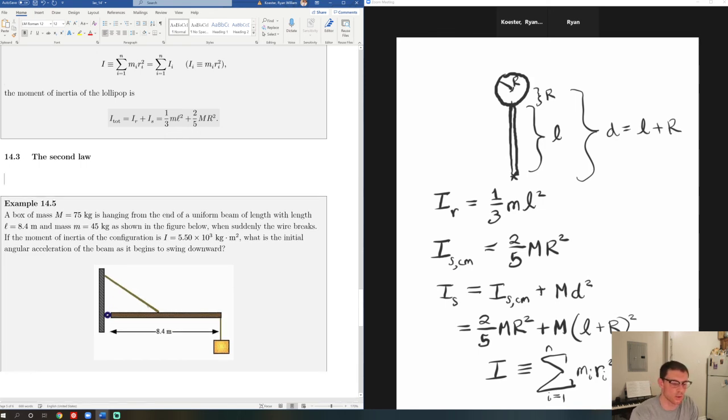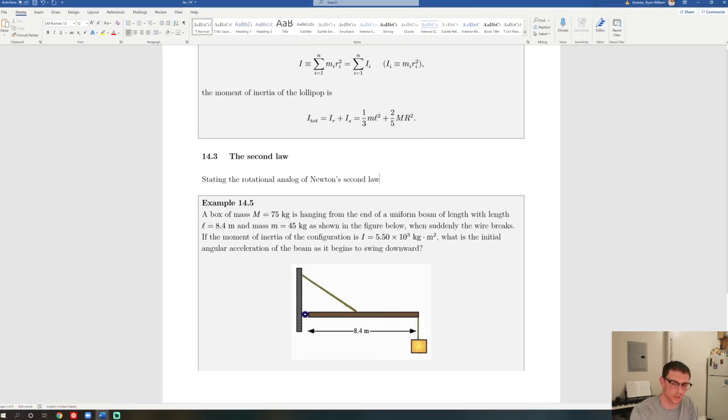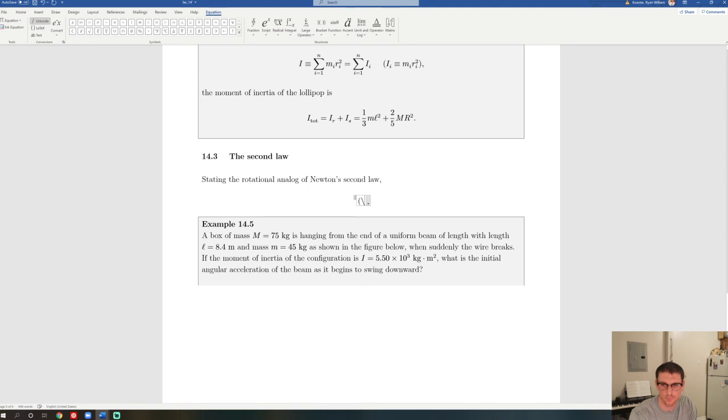So I think we're now in a position to state the rotational analog of Newton's second law. And what this looks like is this. And I'm going to continue to write the z subscript as long as I can remember to, because if we have a force vector and a position vector that are situated in the xy plane, then the torque that corresponds to those two will be pointing in the plus or minus z direction, right?